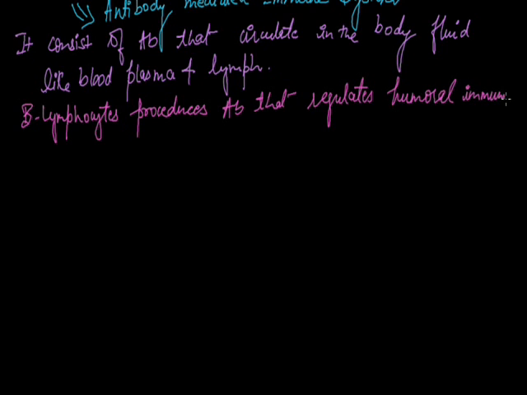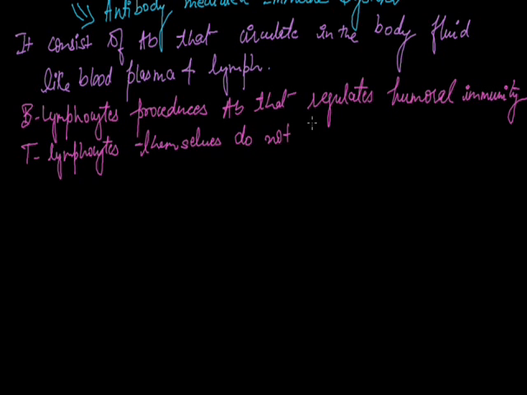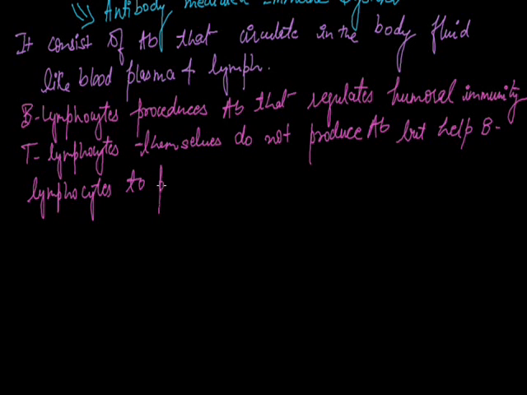Next, T lymphocytes themselves do not produce antibodies, but they help B lymphocytes to produce them.